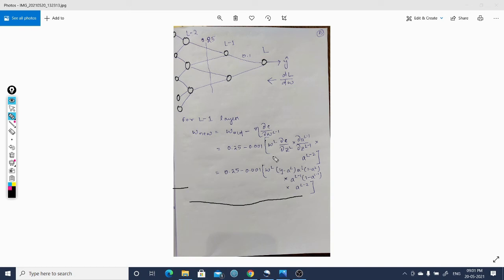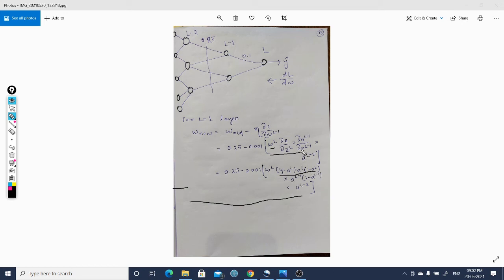So we just apply this formula here. This is nothing but the weight of the layer, and dC by dZ, which we have already seen, is the dC by dZ of this layer. Whatever dC by dZ we have already calculated from the previous layer, we just apply that.